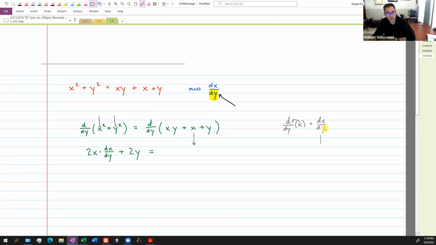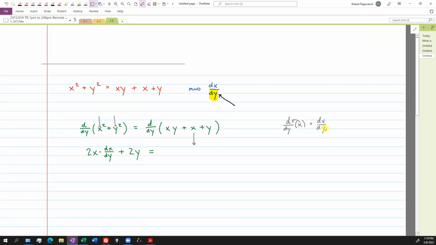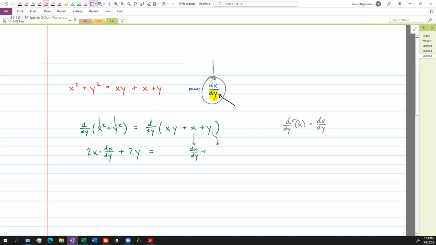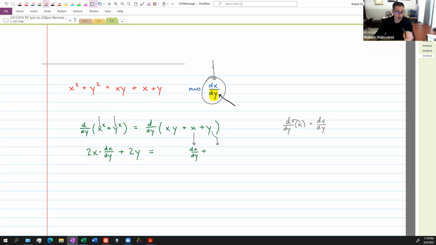Right, and remember, that's what we're looking for. So it's okay that it's showing up because that's what we're trying to solve for. So this should just be dx dy, but then plus, Hele, same thing. What is the derivative of y? That would be 1. The derivative of y with respect to y is 1.